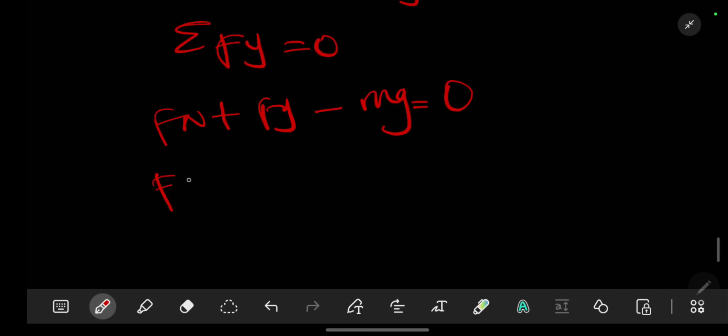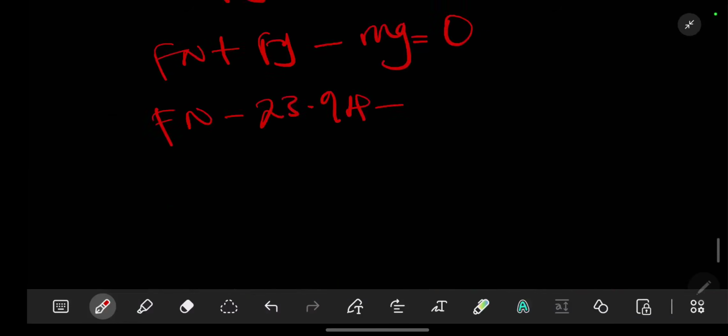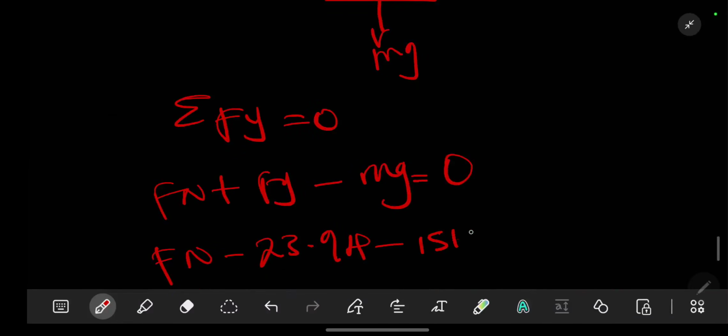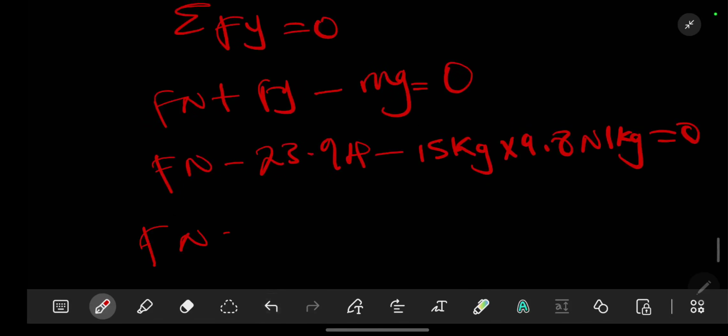So Fn plus 23.94 minus the mass, which is 15 kg, times 9.8 newtons per kg, should be equal to 0.